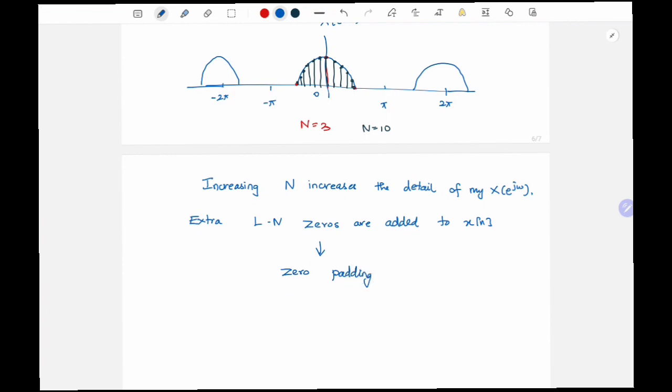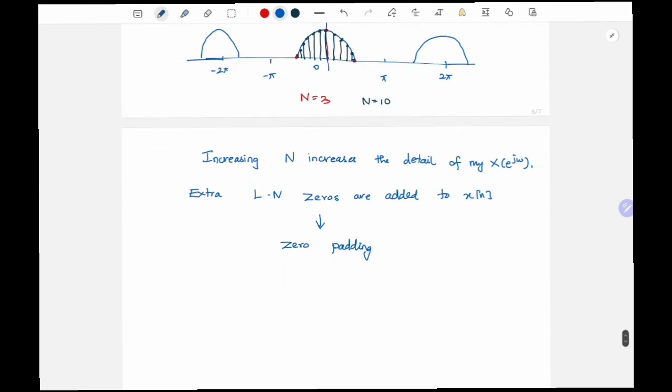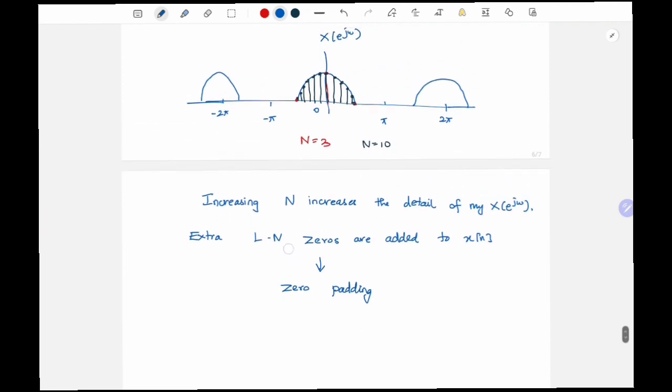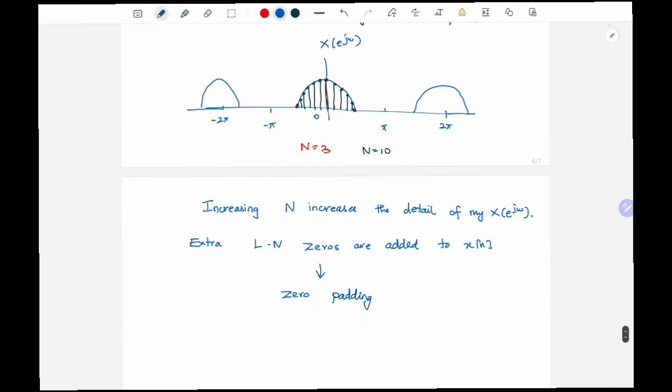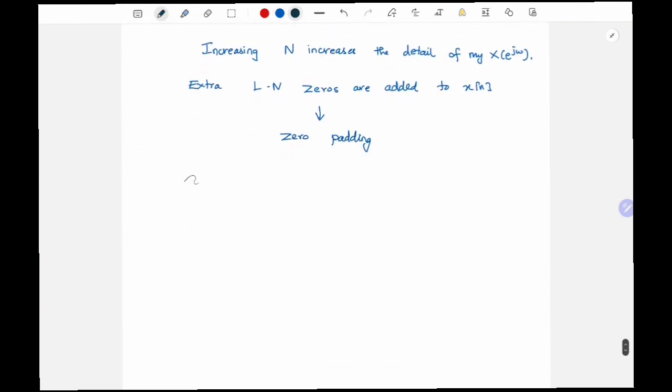So if someone asks you why you zero pad a signal, you have to tell them because it improves the detail of the sampled version of your Fourier transform. Next, let us see our DFT as a linear transformation.